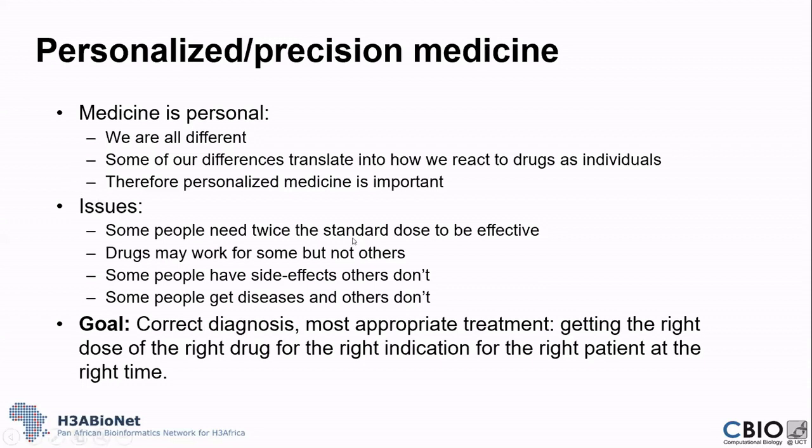Problem is that some people need twice the standard dose for it to work. It doesn't work in some people. Some people have side effects, other people don't. So the aim of precision medicine, and this is a key application of bioinformatics, is getting the correct diagnosis so that you get the right dose, the right drug, for the right indication, for the right patient at the right time.